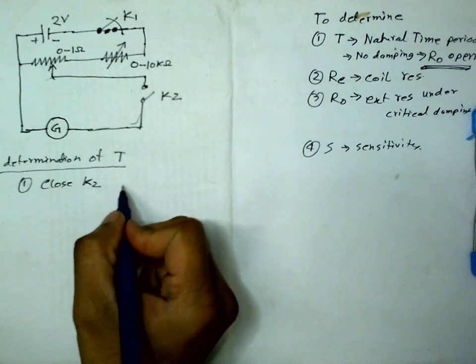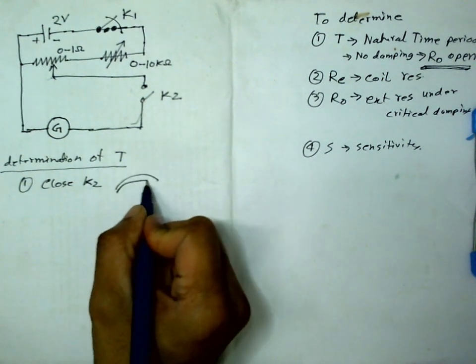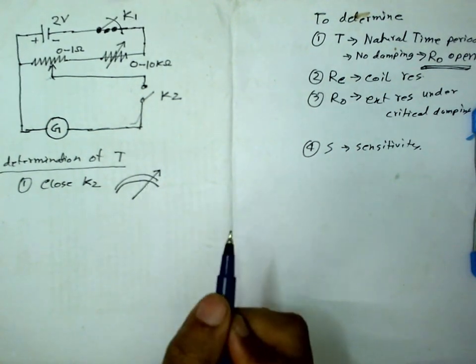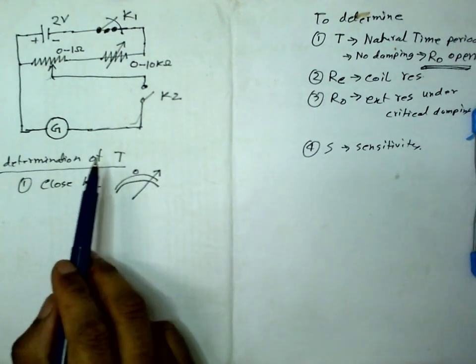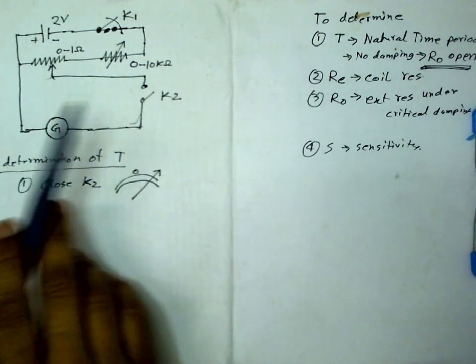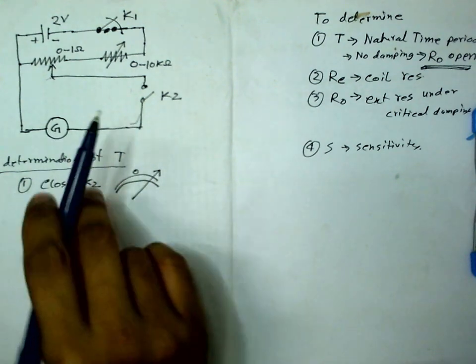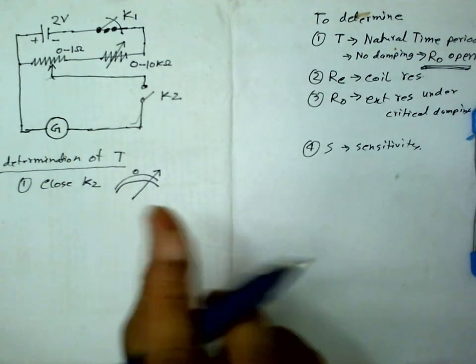So what this will do, this will bring your pointer to some value. In this experiment we will have light pointers, but okay, I can schematically draw it like this. There will be no real pointer, but there will be some light beam moving on a scale.